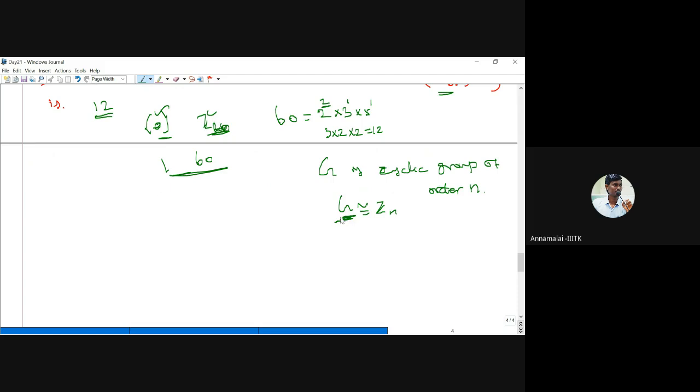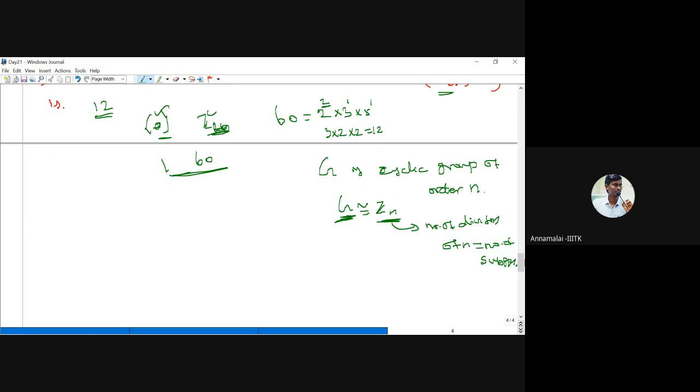Now finding the number of subgroups of G is nothing but finding the number of subgroups of Zn. And we know that the number of subgroups of Zn is nothing but the number of divisors of n. Okay. Any doubt? Therefore, we have 12 subgroups in Z60.